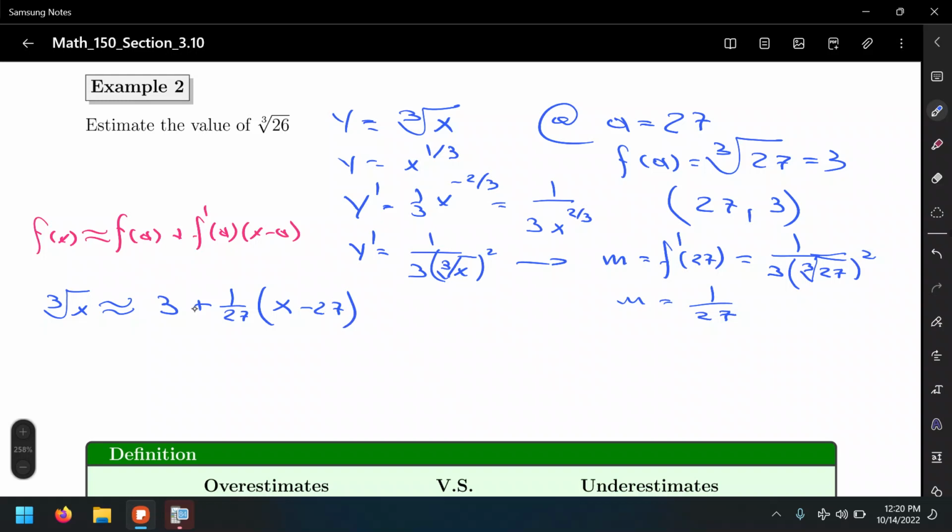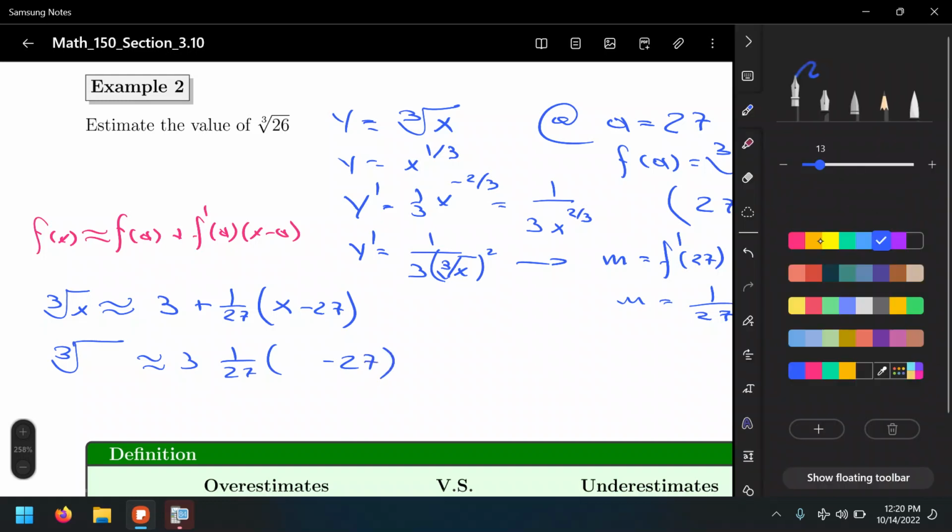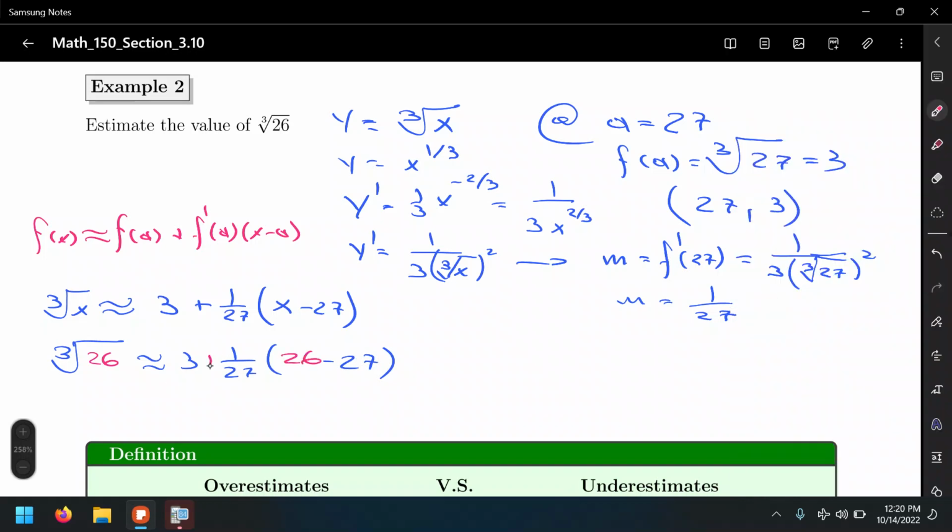So we may use this linearization to compute the cube root of 26, and in this case 26.